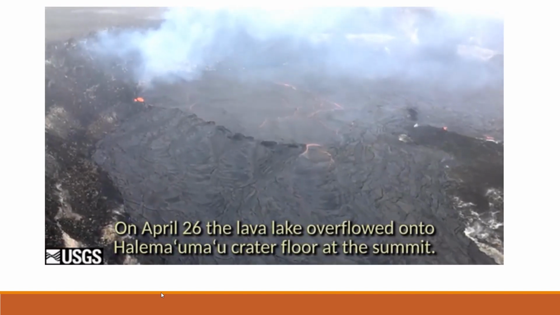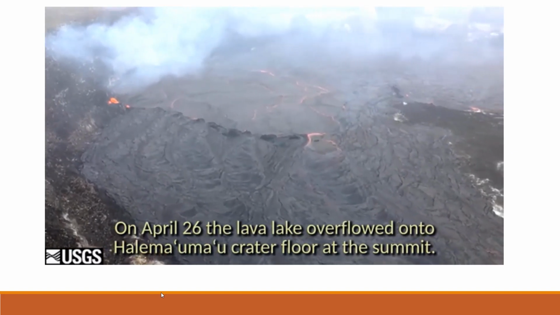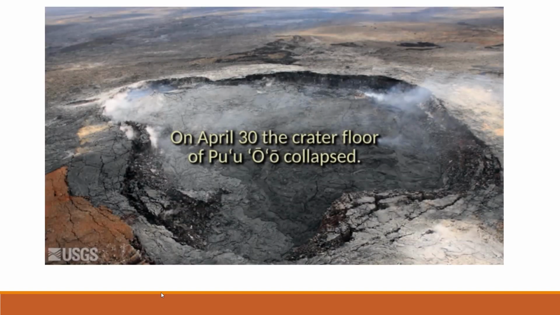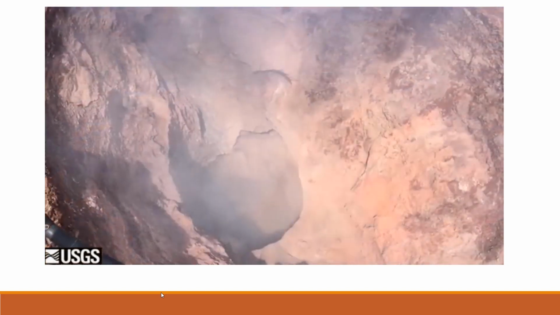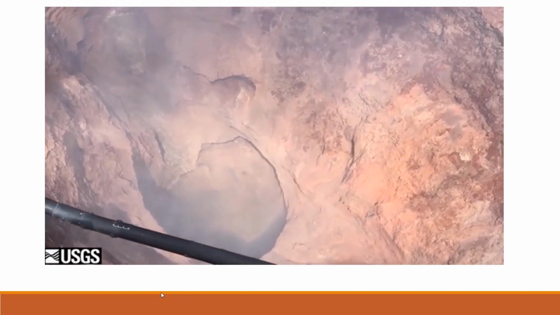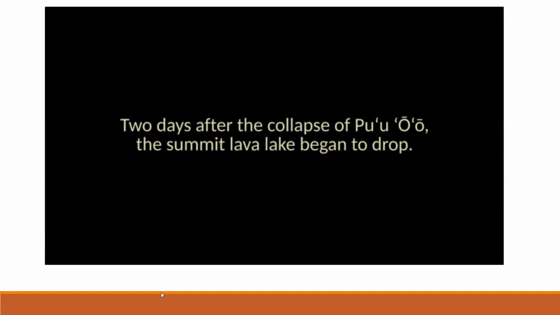On April 26th, the lava lake overflowed onto Halema'uma'u crater floor at the summit. On April 30th, the crater floor of Pu'u'o'o collapsed. Two days after the collapse of Pu'u'o'o, the summit lava lake began to drop.